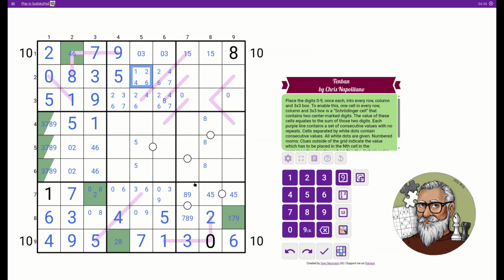Oh, this is the only place for 1. Yeah, it's the only place for 1, just like this one is the only place for 8, but I can't eliminate the others. I'm gonna have a problem with that again.